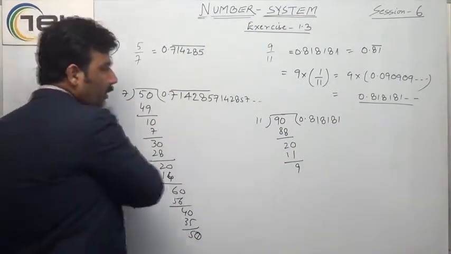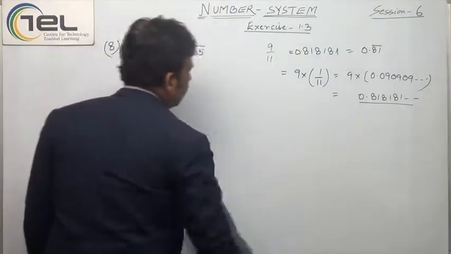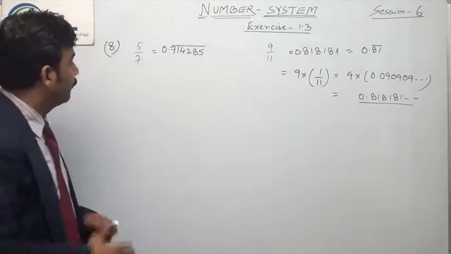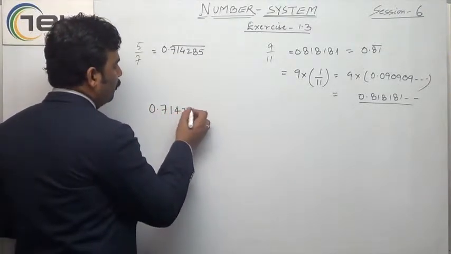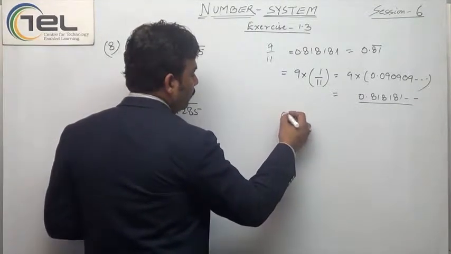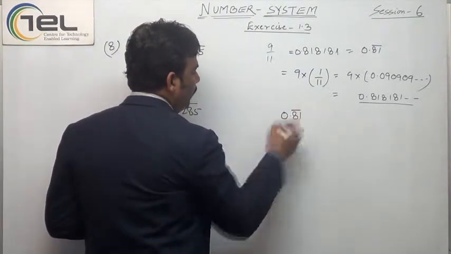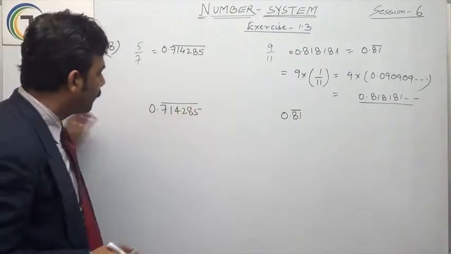So we have to find numbers between these two: one is 0.714285 and the other is 0.81 bar. Now, very easy.